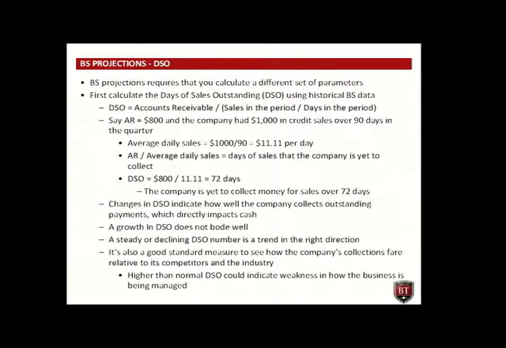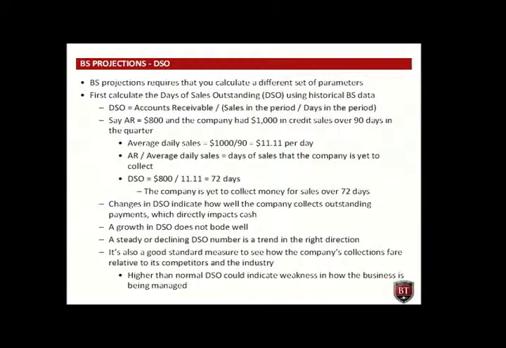DSO is a ratio of the accounts receivable divided by the daily dollar sales in that period. So let's just say you have an accounts receivable balance of $800 that your various customers need to pay to you, and that you had credit sales of $1,000 over the past 90 days.